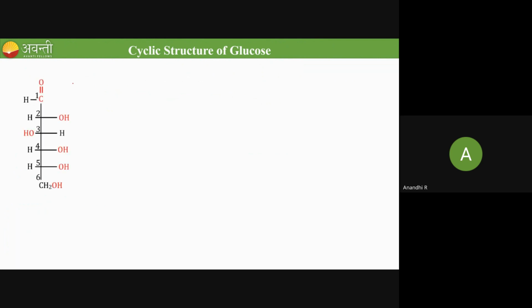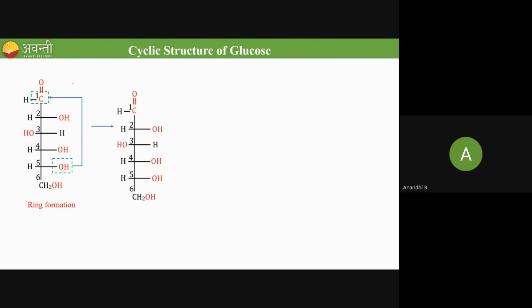Yes. So listen, this is the open chain structure. The last carbon before it has an OH, which you have to take. Oxygen contains two lone pairs of electrons, and one of its lone pairs will act as a nucleophile and attack the carbonyl carbon, which is electrophilic in nature.